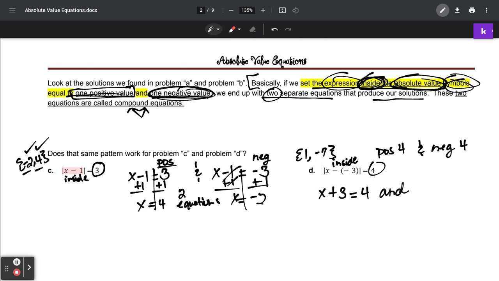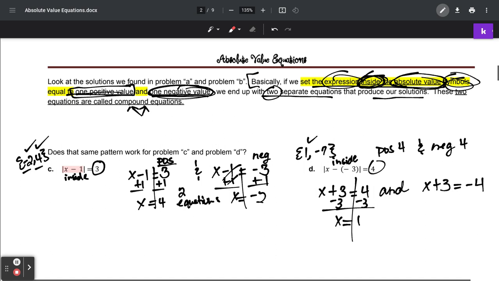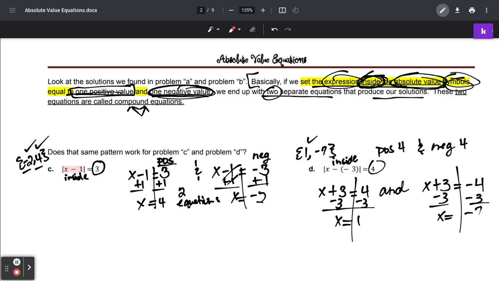And take what's on the inside and set it equal to the negative value, okay? And then you solve both. Subtract 3 from both sides to solve for x. There's that 1 that we ended up with on the front page. All right, subtract 3 here. There's negative 7. That's it.